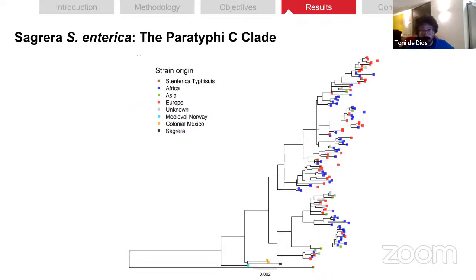If we take a closer look at this phylogeny, we see that all the modern strains of Paratyphi C are in the outermost branches, while our sample is falling basal to other historical Paratyphi C strains. In that case, they are the Paratyphi C that caused the Mexican outbreak in the 1500s. And more basal to that, there are other medieval Paratyphi C strains.